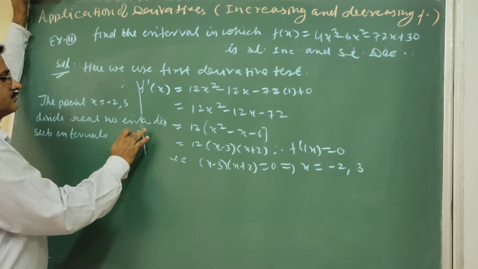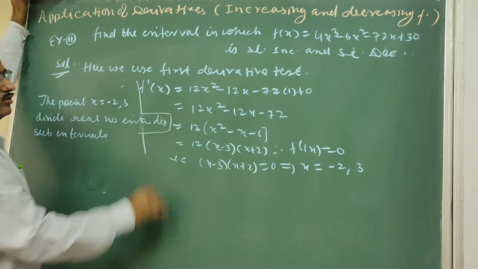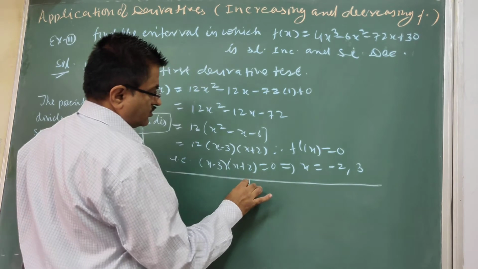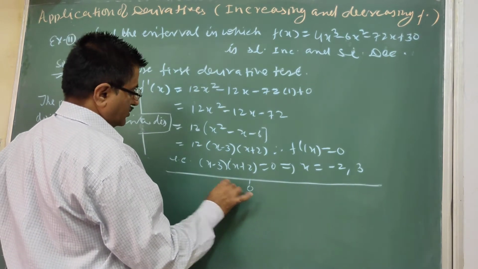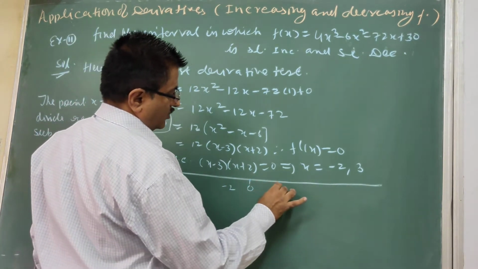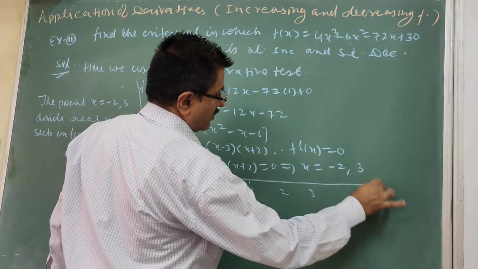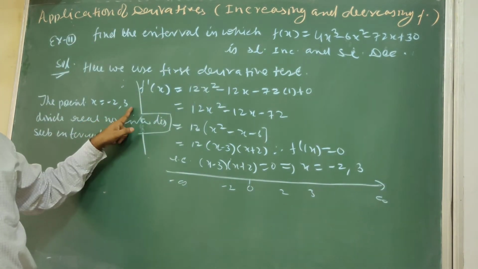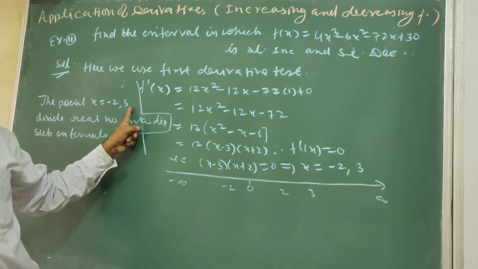Clear? So as you know the number line, this is suppose 0 here, minus 2, and minus infinity, here 3 and infinity. So what points are there? We have 2 points, that is minus 2 and 3.